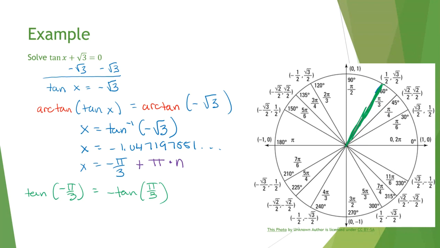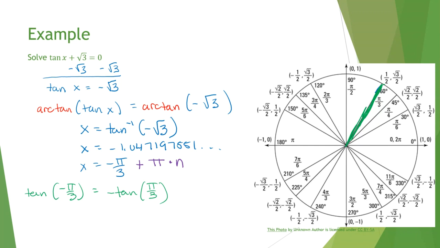Now, generally, when we write our answers, negative pi over 3, we don't like to write this with negative angles. We prefer to write it with positive angles. So when you add pi to negative pi over 3, you get 2 pi over 3.